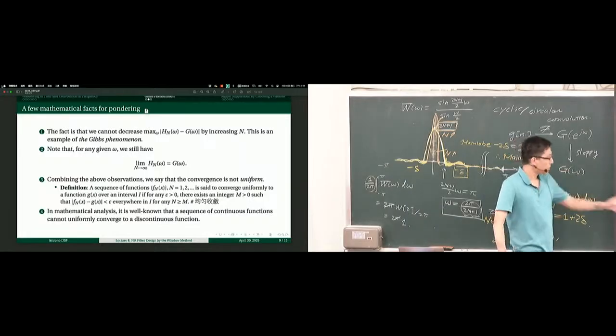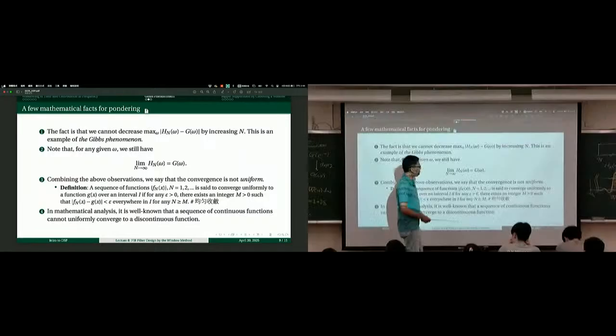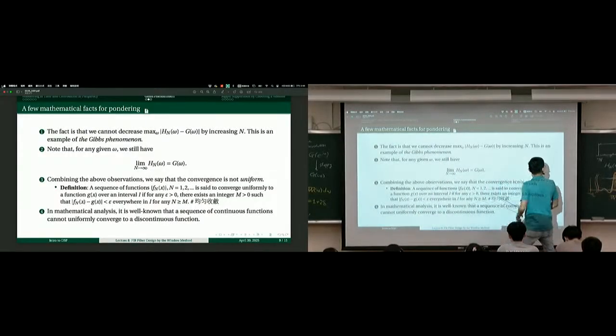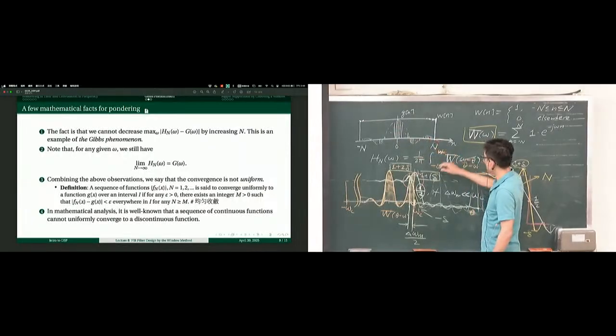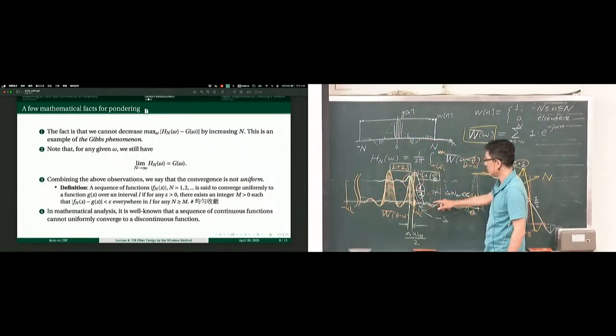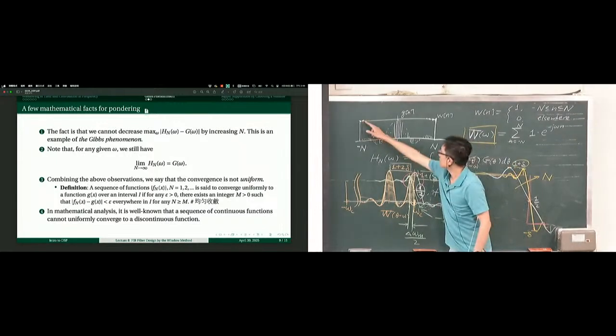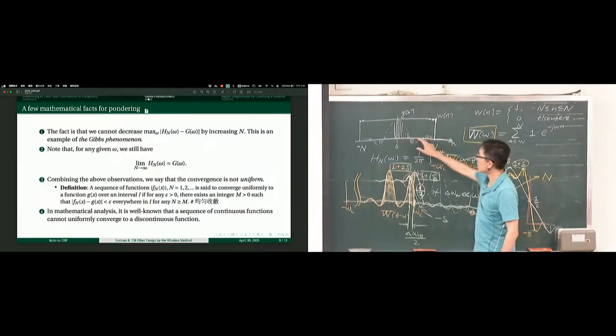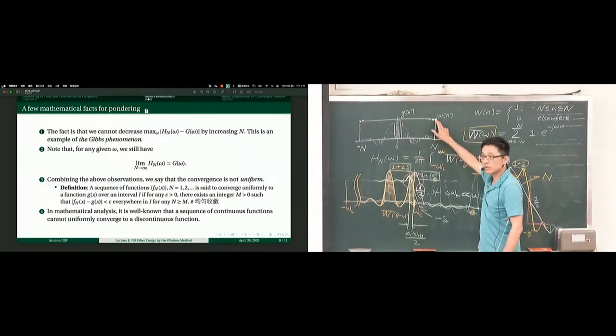Okay? But now, applying this theorem, what we have is that each h is always continuous. But the target, is it continuous? The target is the ideal magnitude response, right?